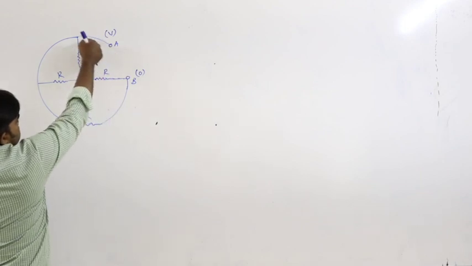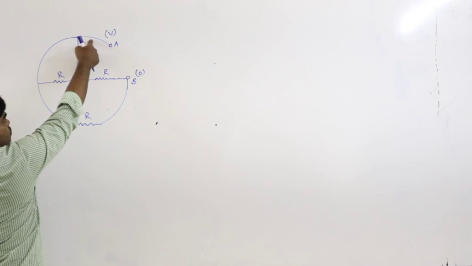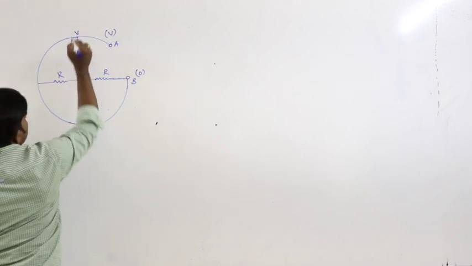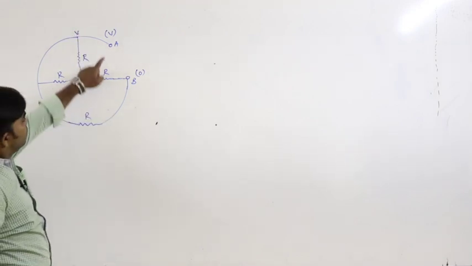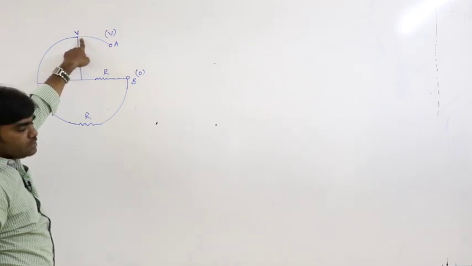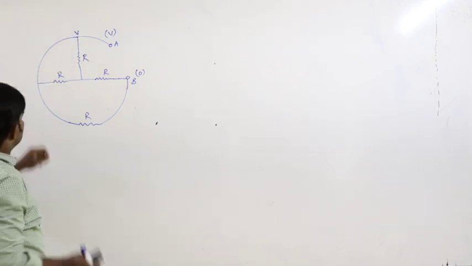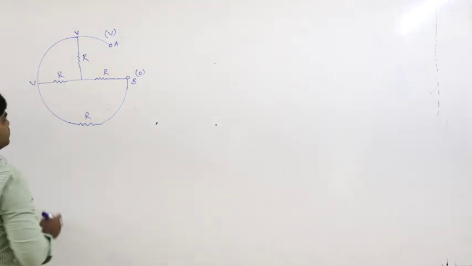Here from this position to this position, is there any change? So that means there is no resistance here. Here also the potential is V. From A to this position, there is no resistance, so potential is V. And here from this position to this position also no resistance. That's why potential is V.